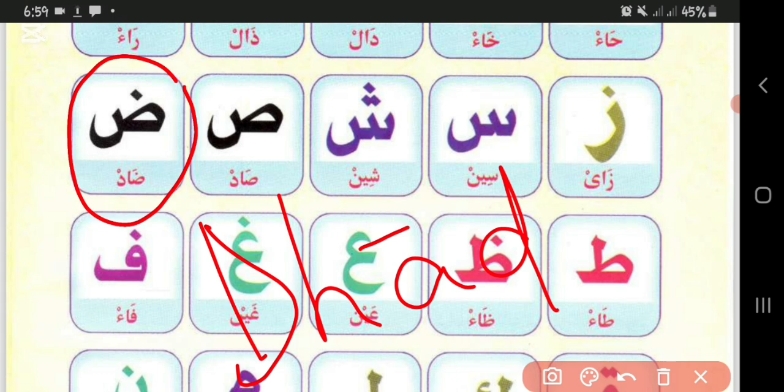So you place your tongue forcefully on your upper palate, including your upper teeth. So Dad. That is how to pronounce Dad.